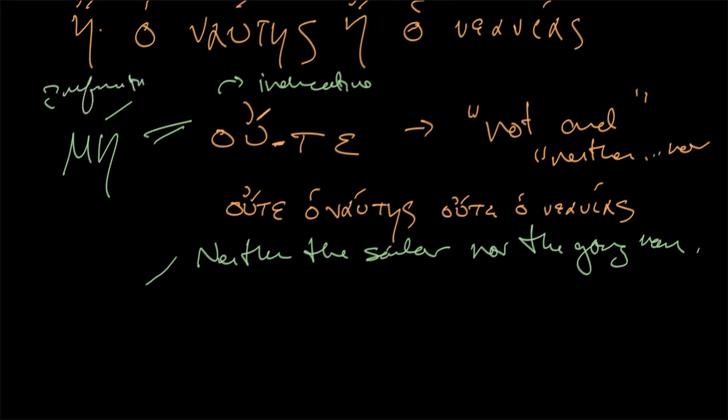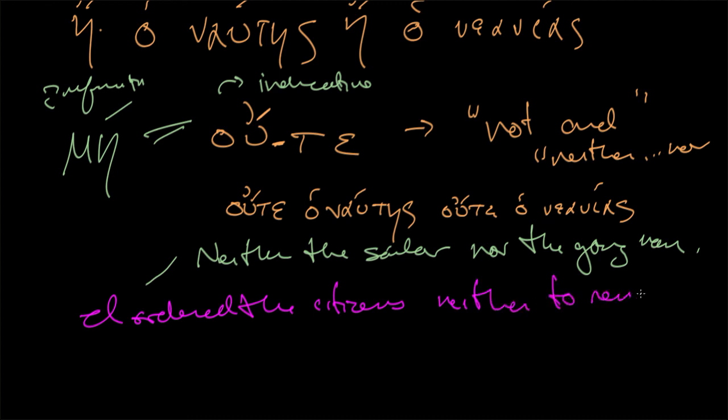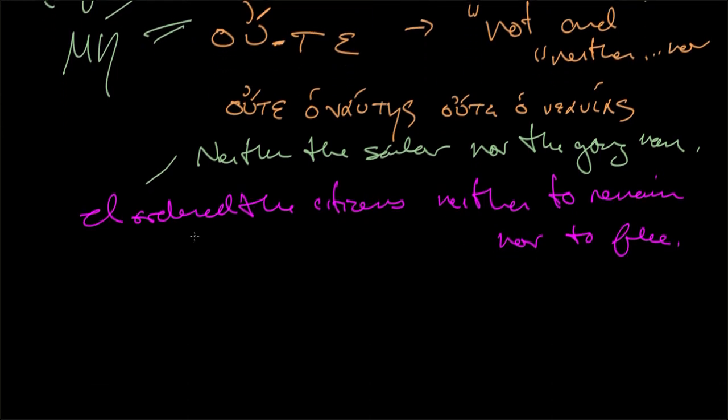So let's come up with a sentence that would require the infinitive. So I ordered the citizens neither to remain nor to flee. There's some middle path is what this might mean.